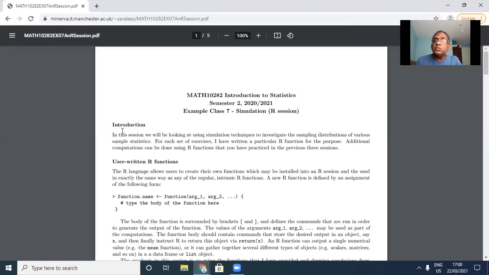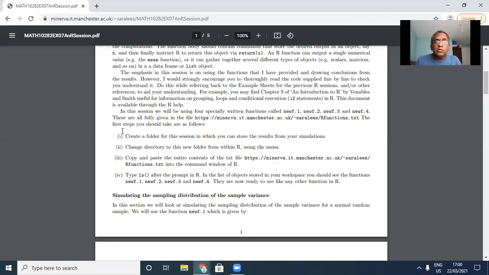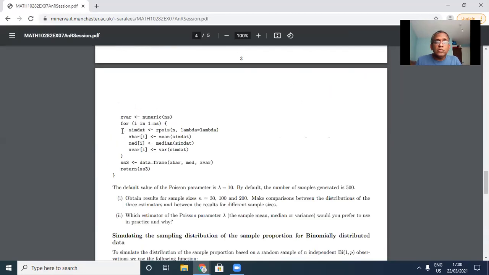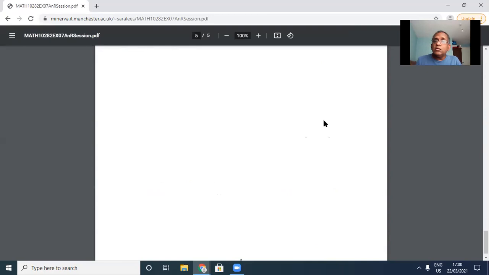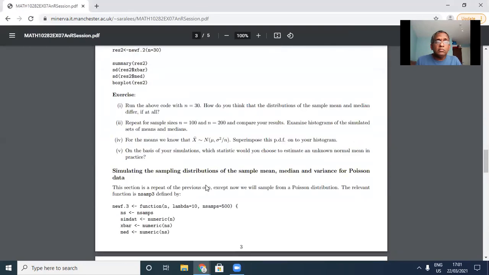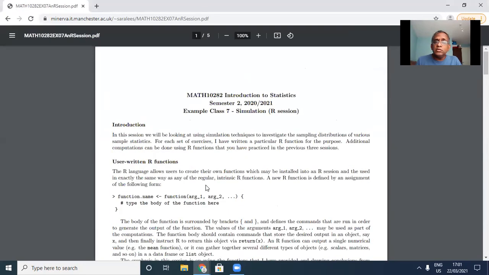It's on simulation. So I will go through the tutorial sheet line by line and also do the exercises. There are a few exercises that we need to do, right?